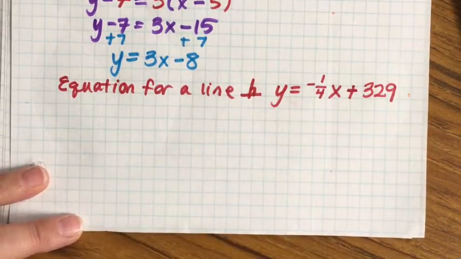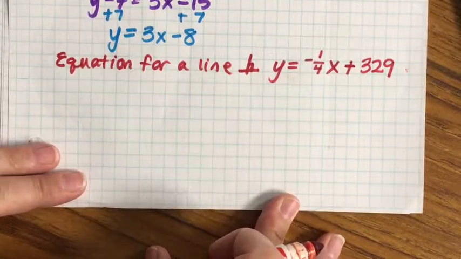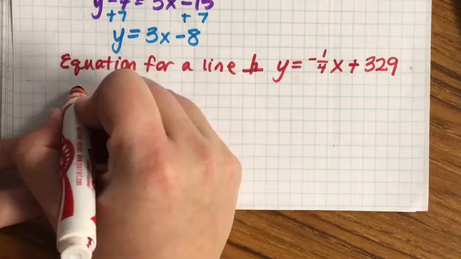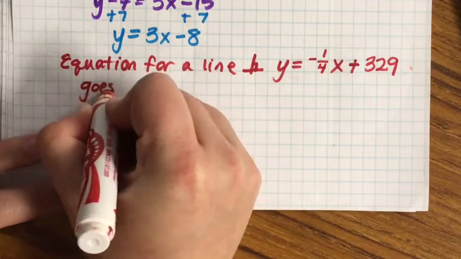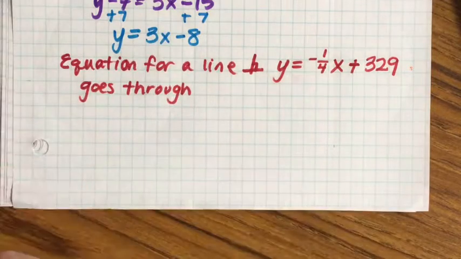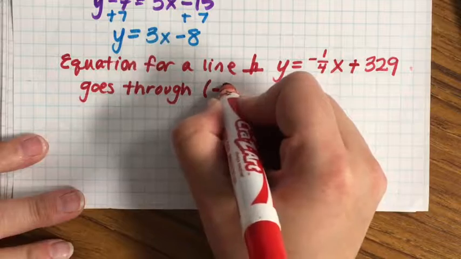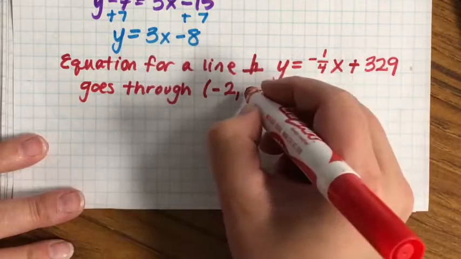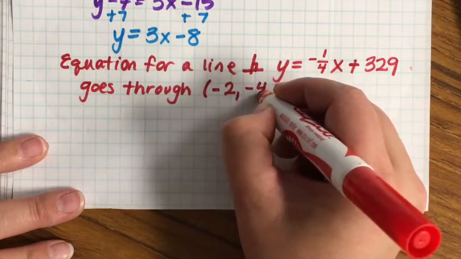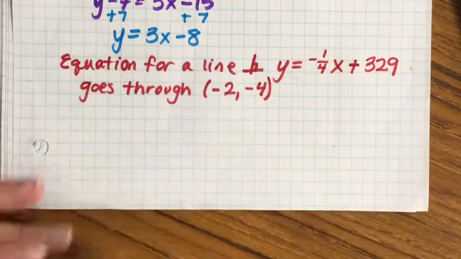And I do, so I did. Write an equation perpendicular to that line that goes through the point negative 2 and negative 4.